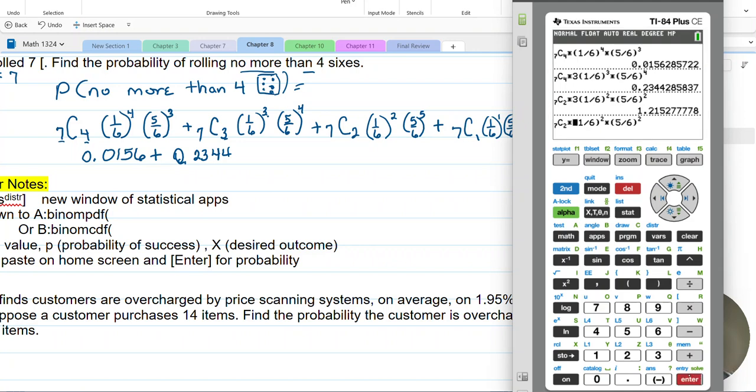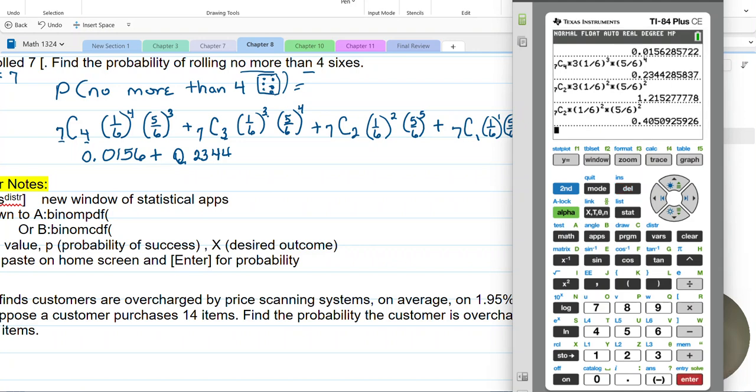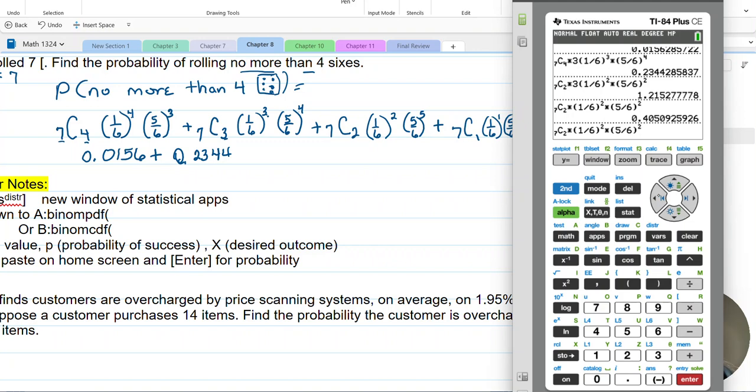Now I've got it. What do I have there? Oh, that's the other problem. So if it's 2, it's got to be 5.